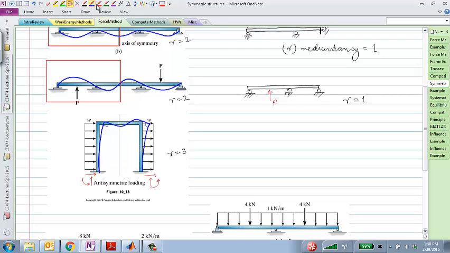Which means that if I look at the symmetric half right here, that would be the smaller half problem that I would need to solve in this case, which we can draw as simply as this.